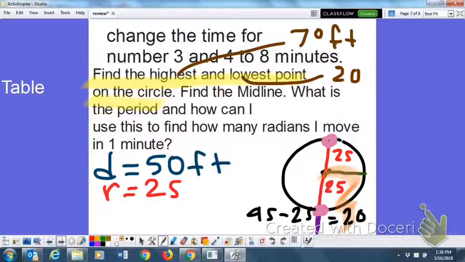All right, so then on that sound wave task, you found the midline. If the top of the Ferris wheel is 70 and the bottom is 20, I want to know where the middle is. So what's in the middle of 70 and 20?